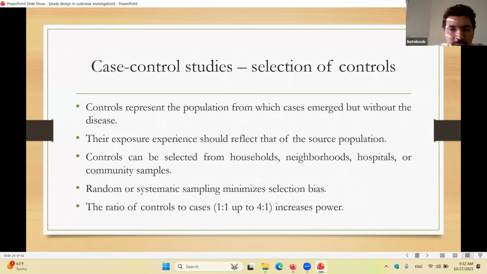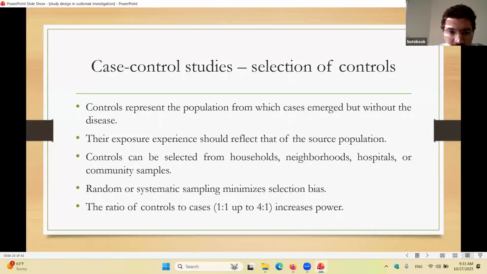Selection of controls is very important in case control studies. Controls represent the population from which cases emerged but without the disease. Their exposure experience should reflect that of the source population. Cases and controls should have the same source, same arising population.